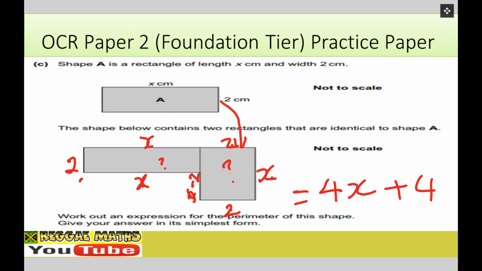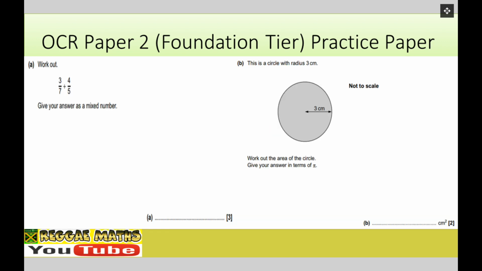Okay. So next question here. This is a 3-mark question, which I'm quite surprised about. Okay, so we have 3/7 plus 4/5.